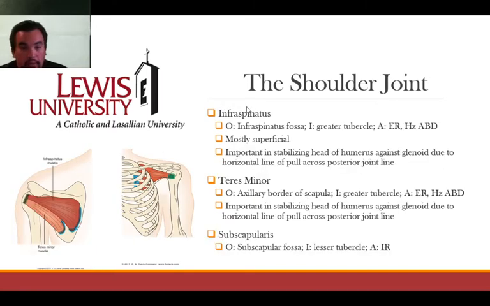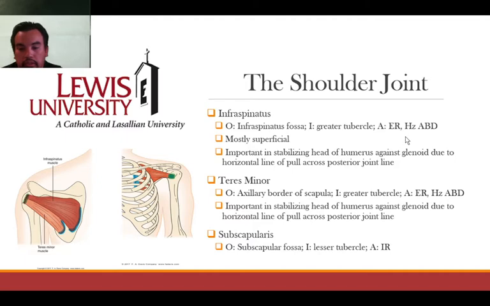Then we have the I, which is infraspinatus. So when we have SITS, it's supraspinatus, infraspinatus, teres minor, and subscapularis. So infraspinatus, it originates at the infraspinatus fossa, so you see it here, and it inserts at the greater tubercle again.